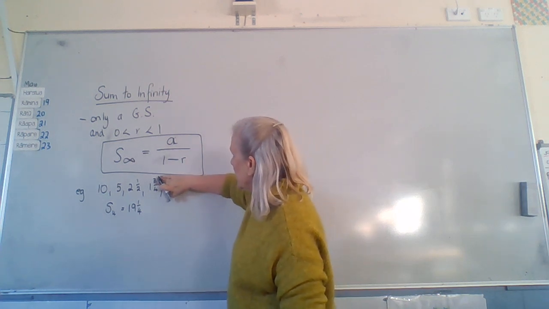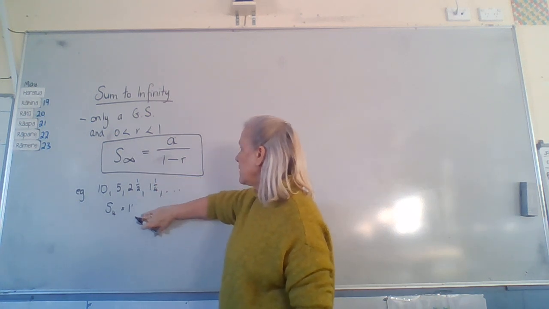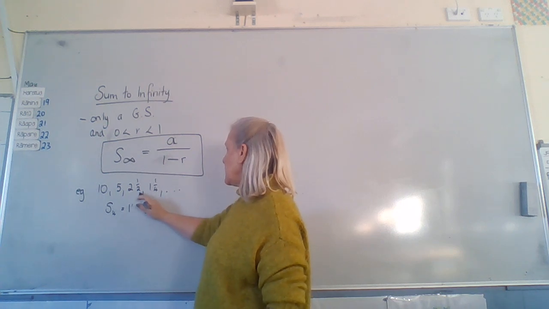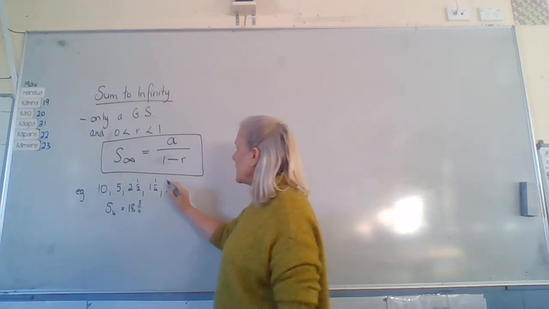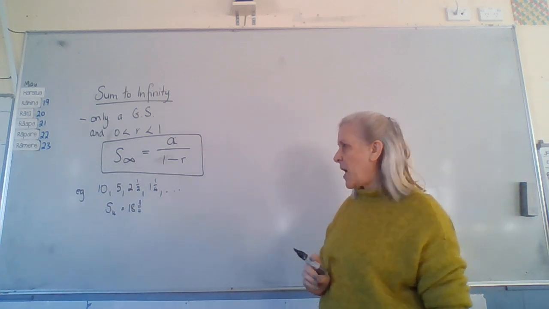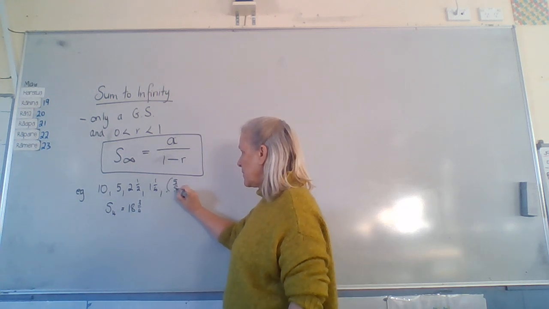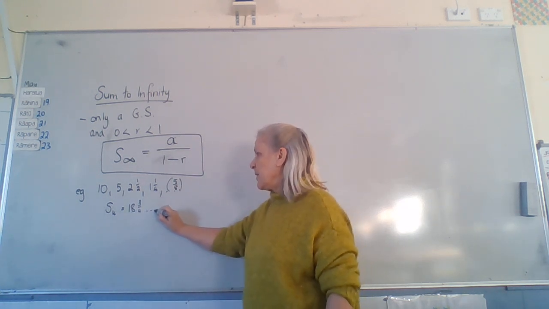Oh, that's not a half, is it? 17, 18 and 3/4. Right, so the next one after 1 1/4 would be 5/4 halved is 5/8. And we'd be adding that onto that, etc.